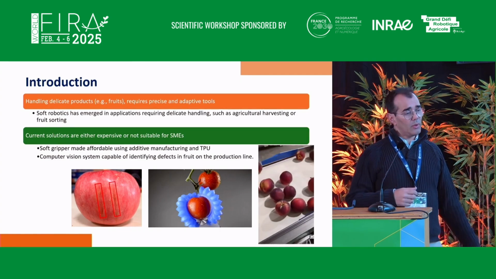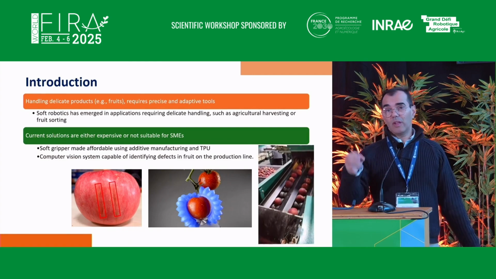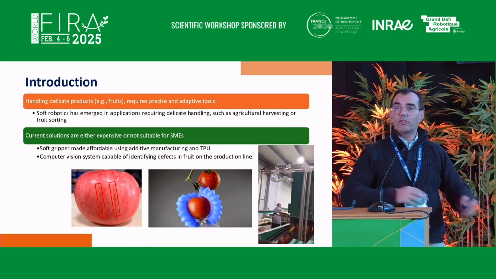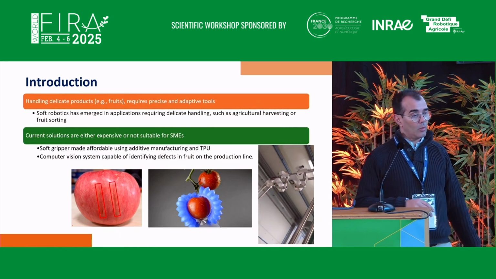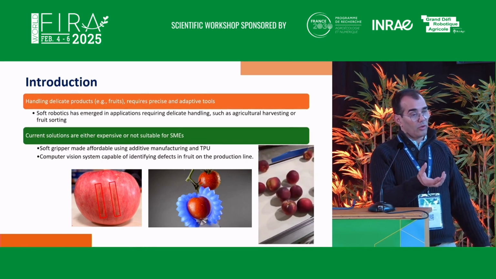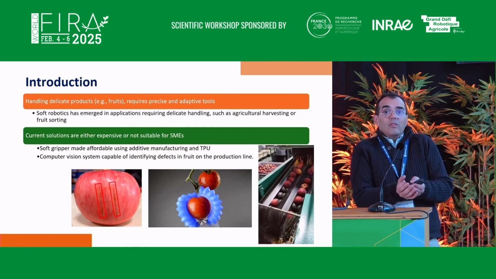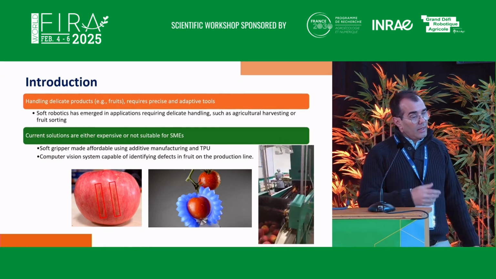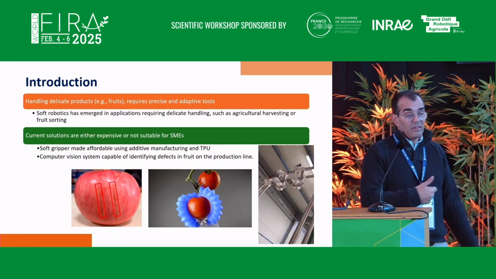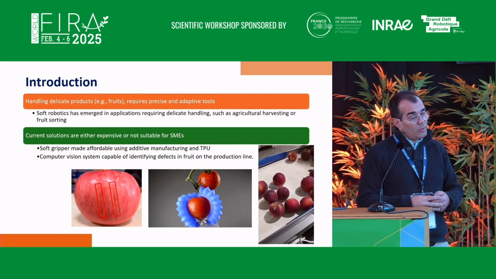What is Robotics? After we pick up the fruits, in the orchard or then in the warehouse, we need to handle these delicate products. If we are talking about fruits, they are delicate, and you need to handle them delicately. The current solutions are either expensive or not suitable for small and medium enterprises.